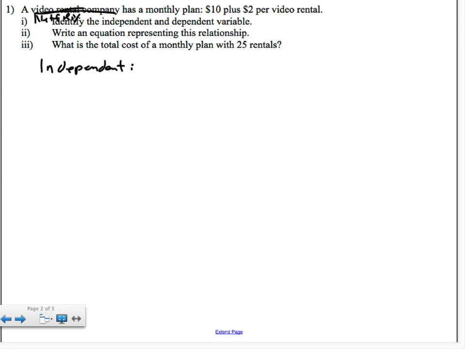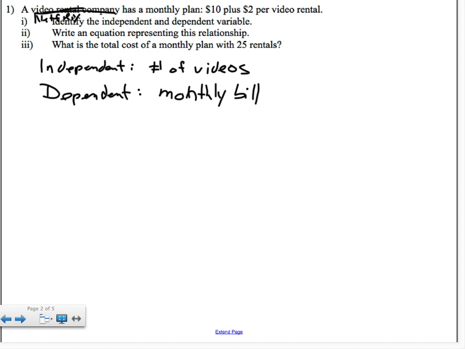So the independent variable is the number of videos I watch. What's my dependent variable? My monthly bill, right? So the number of videos I watch is going to affect my monthly bill.